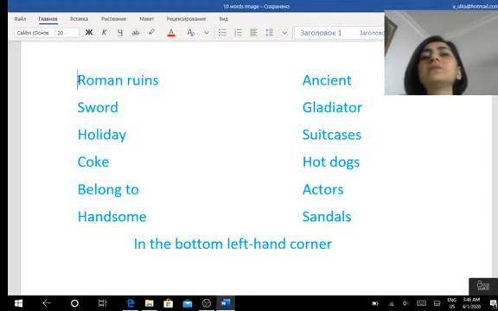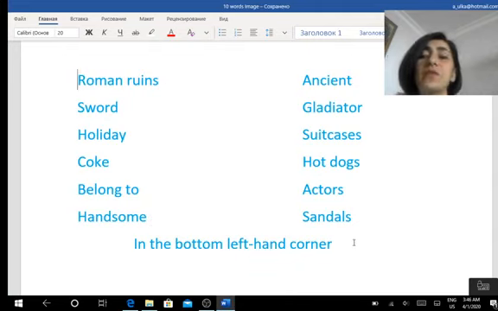For example, this is my list of words, but I wrote more than 10 words, like Roman ruins. I think maybe the recording will include this vocabulary: sword, holiday, coke, belong to, handsome.